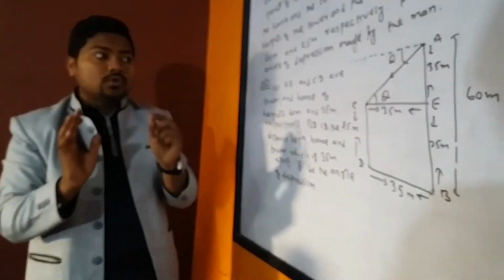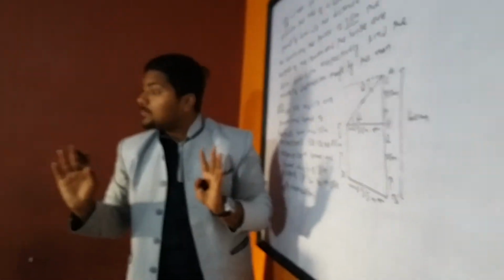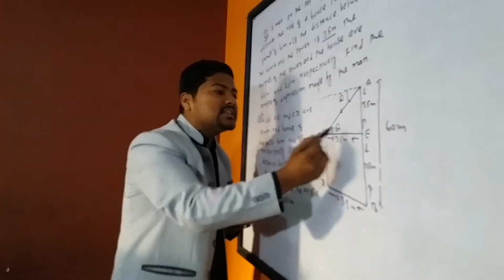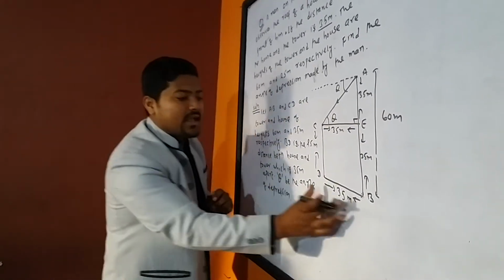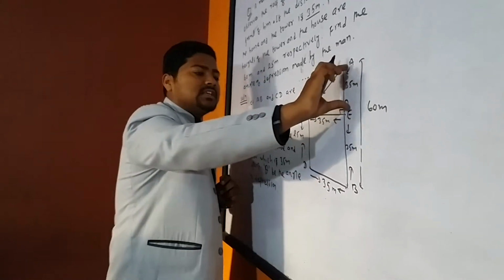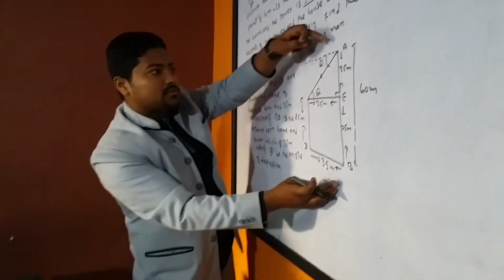So first of all, where is the triangle? That we have to understand. The triangle is ACE, the right angle triangle. This 35 equals this 35, and this 35 we found by subtracting 25 from 60.